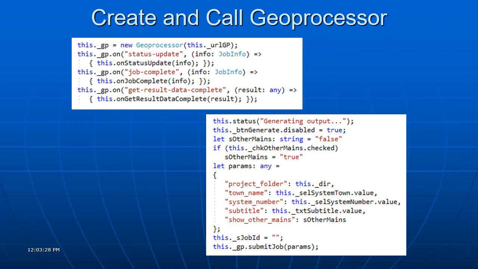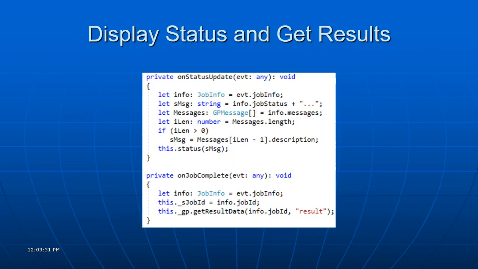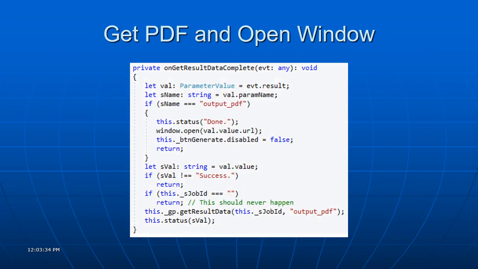When the Generate button is clicked, it sets up the parameters and submits the job. Again, while the job is running, informational messages are displayed. When the job is complete, the result parameter is retrieved. If successful, the PDF URL is retrieved and a window is opened to display it.